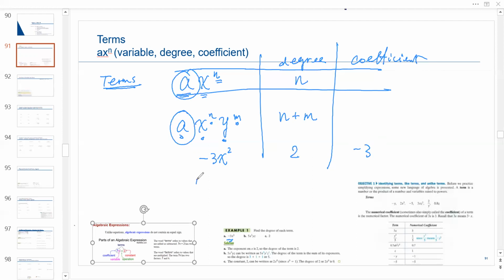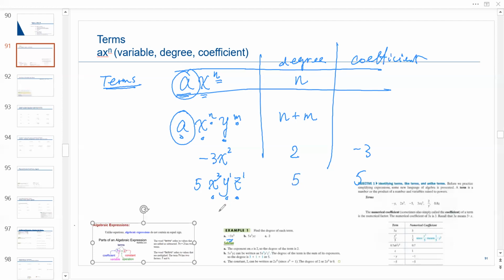What about multiple variables? There are 3 variables, so x to the power 3, y, z. The coefficient is 5. What about the degree? The degree is 3 for x, 1 for y, and 1 for z. So 3 plus 1 plus 1, your degree is 5.